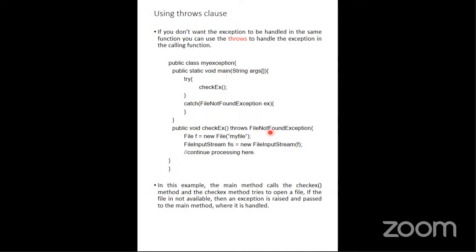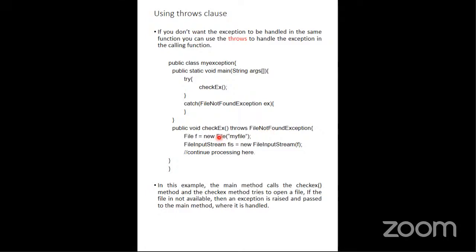So in general, remember, whenever any method is capable of generating an error but is not ready to handle that error, who becomes responsible? The method which is calling that method. If that method is also not ready to handle it, then who is responsible? The method which is calling that method, and so on. Ultimately, somehow, somewhere, that particular exception must be caught if it is a checked exception. File not found exception is a checked exception.